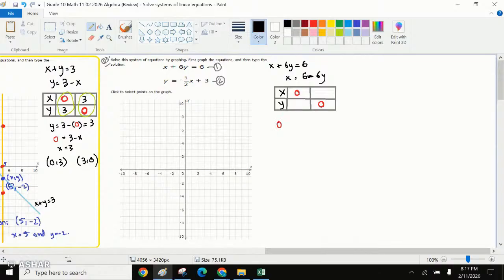When we put x as 0, it becomes 6 minus 6y equals 0. We can write this as 6y equals 6. We divide by 6 on either side, and y comes out to be 1.